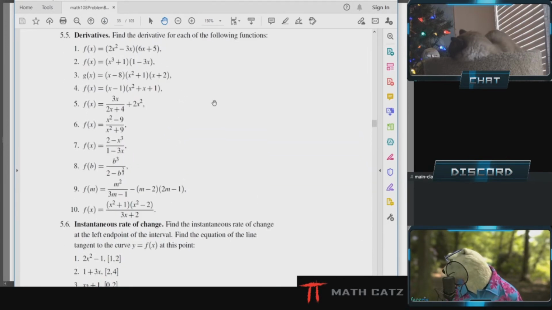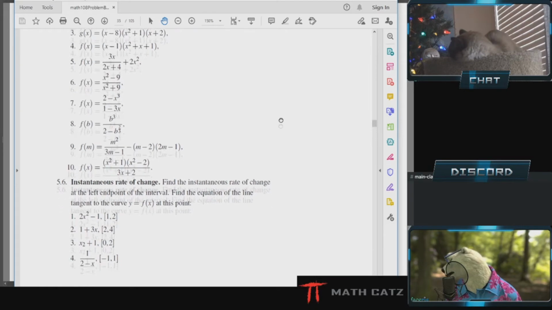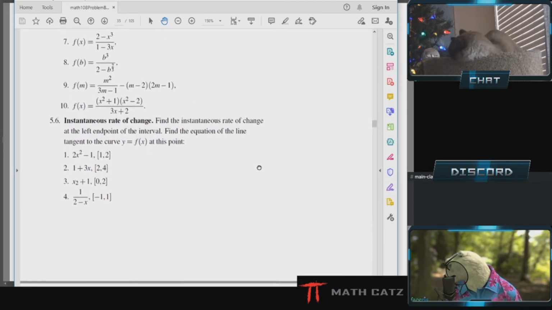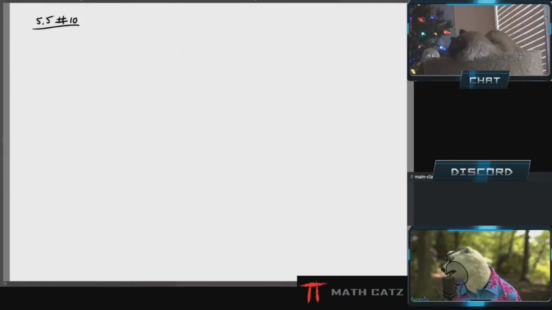Find the derivative for each of the following functions. Okay, so I don't have to state every step. I just want to copy this function over so I can see what I have to work with. F of x equals x squared plus 1, x squared minus 2 over 3x plus 2.